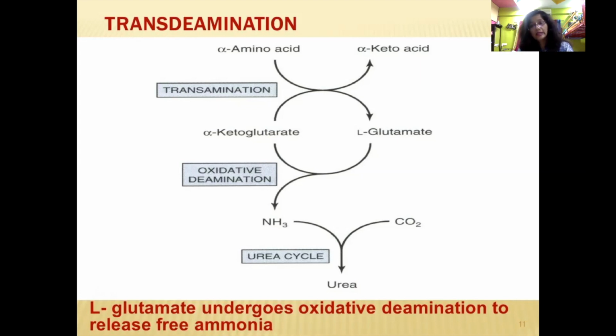So this glutamate is transported to the liver, and in the liver it undergoes oxidative deamination, and this oxidative deamination releases ammonia from this glutamate, and it is used for the synthesis of urea, and this urea is excreted. So by this diagram we can see that though transamination and oxidative deamination occur at different organs, physiologically they are joined together, they're coupled together.